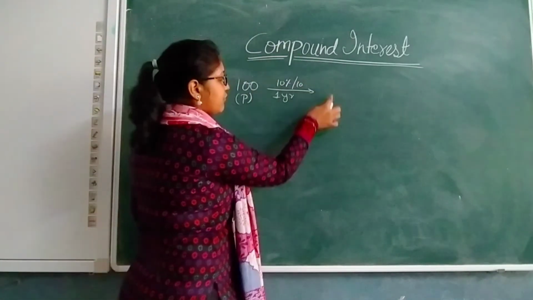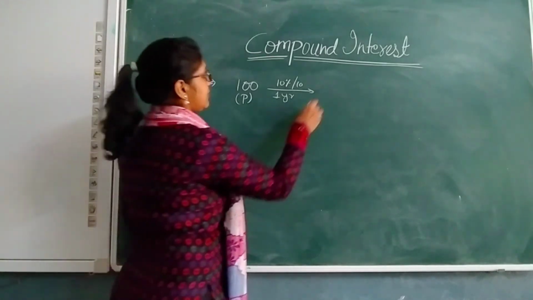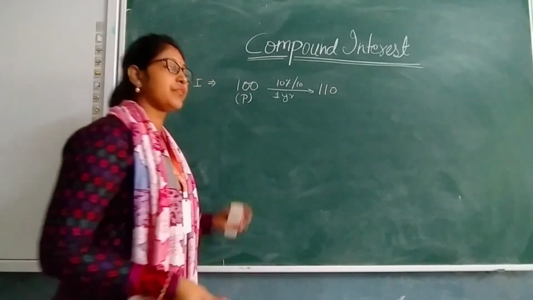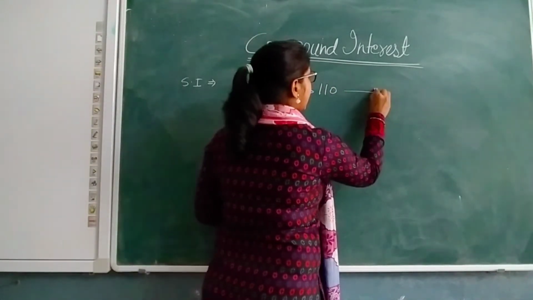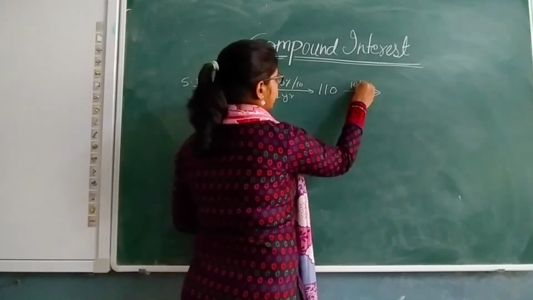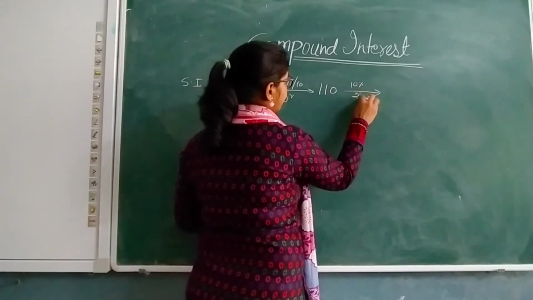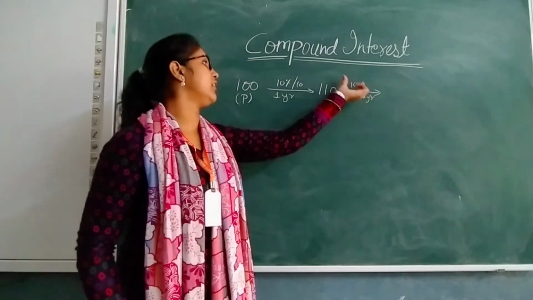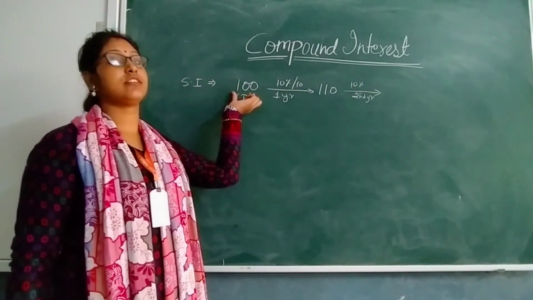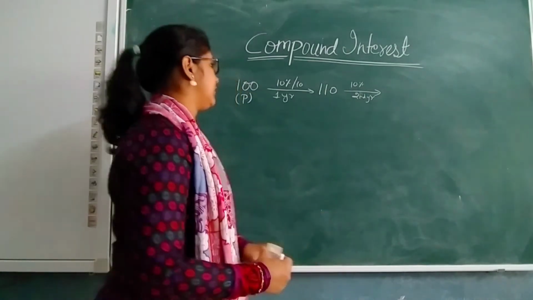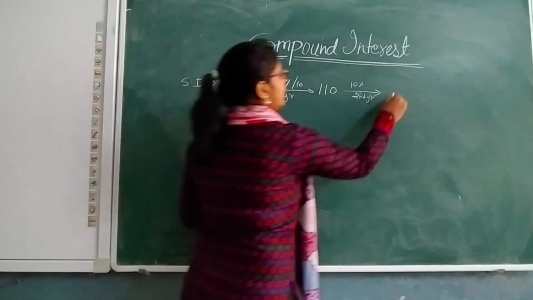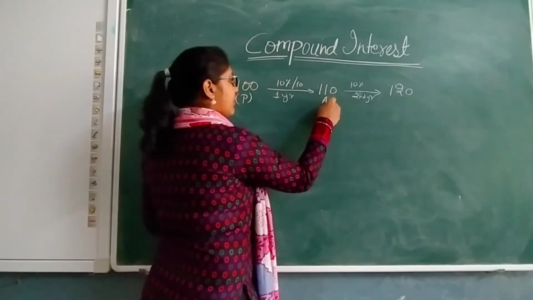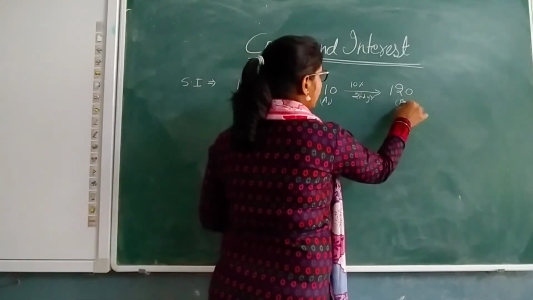So after completion of 1 year, the amount is 110. For the next year, also we have to pay 10% interest, and we pay this 10% on the principal. So for the second year, our amount is 110 plus 10, 120. So this is the amount after the first year, and this is the amount for the second year.